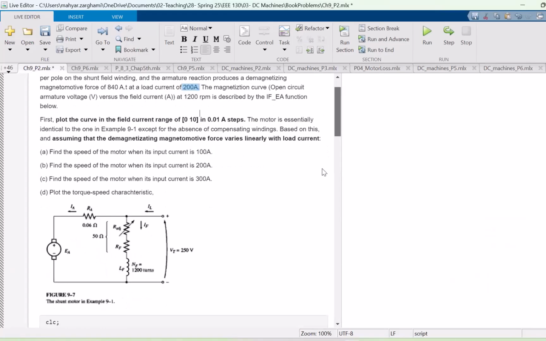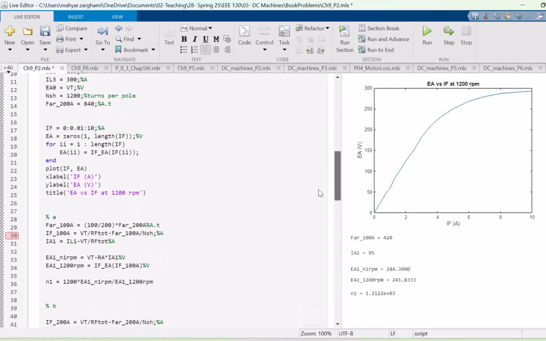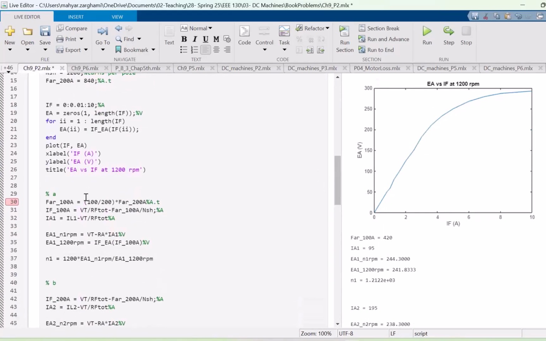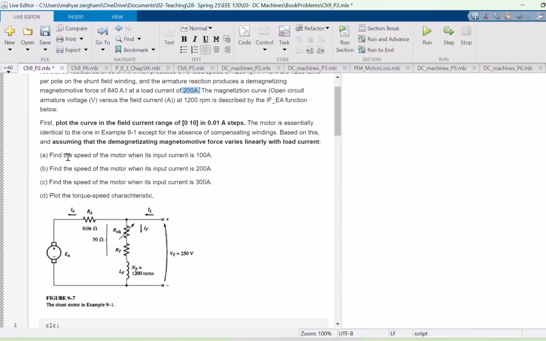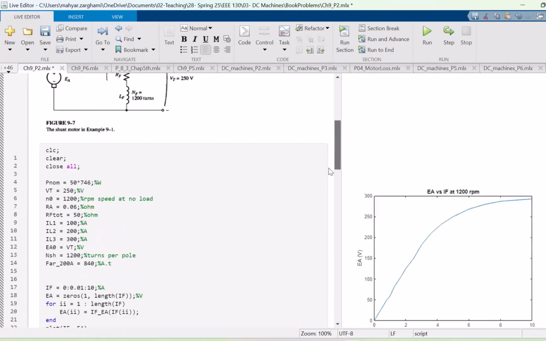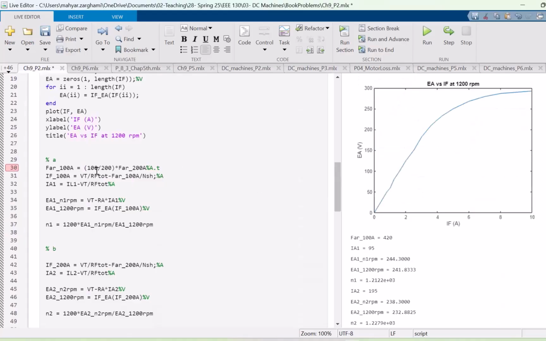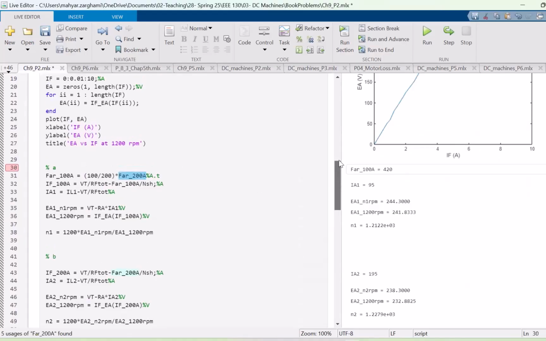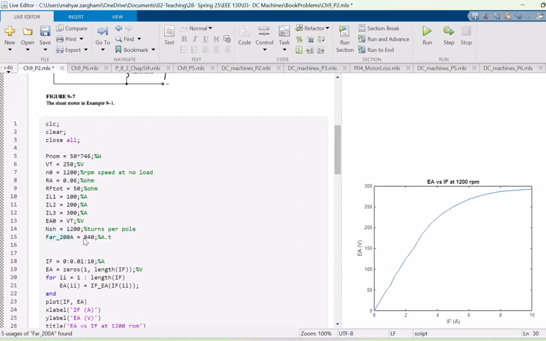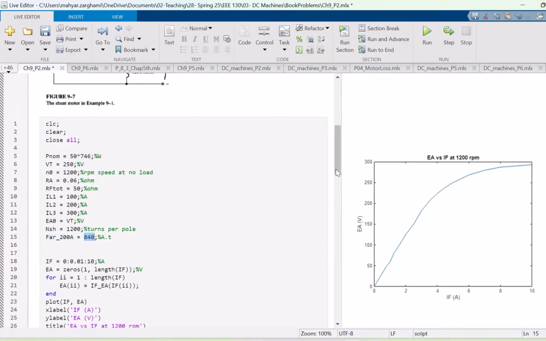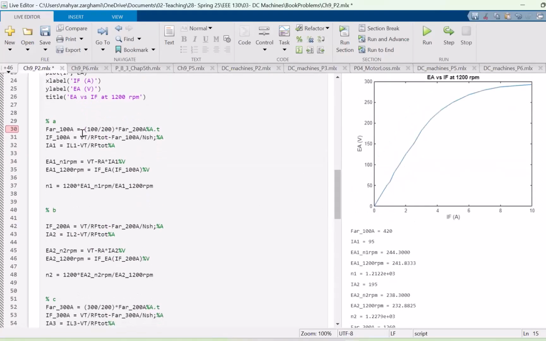So we're going to use this for that linear approximation. This means that in part A, if the input current of the machine is 100 amps, then the armature reaction effect should be 100 over 200. We have this FAR at 200 amps equal to 840, right? So therefore, we just consider half of it for the case that you have 100 amps.